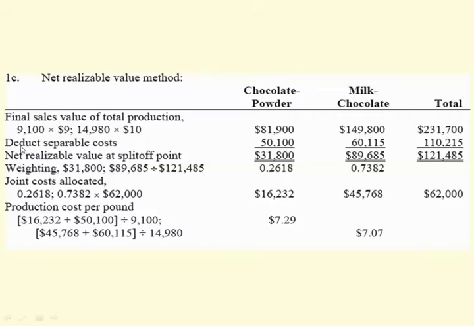Then we can deduct separable costs. Separable costs for chocolate powder is 50,100. By deducting separable cost from final sales value, we can reach net realizable value at split off point. So for chocolate powder, net realizable value at split off point equals 81,900 minus 50,100, which equals $31,800.